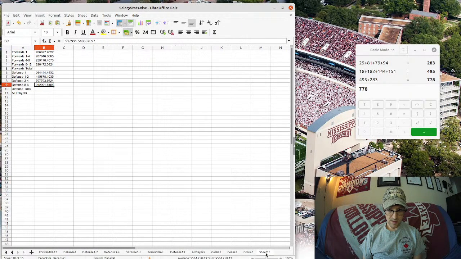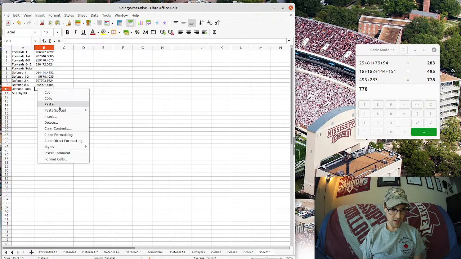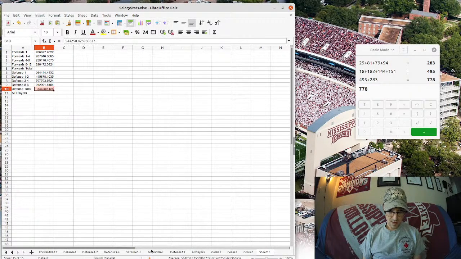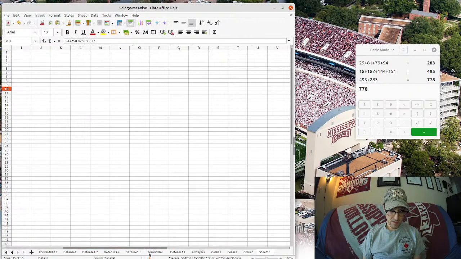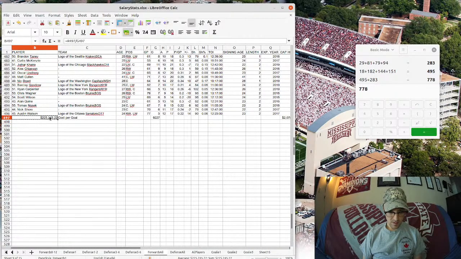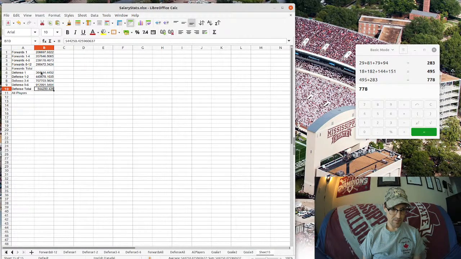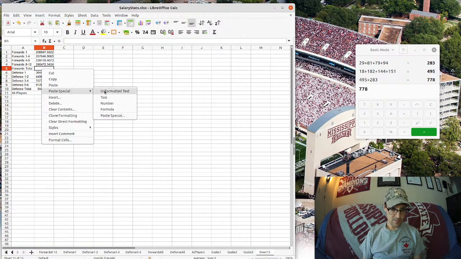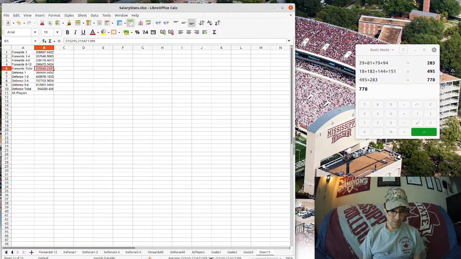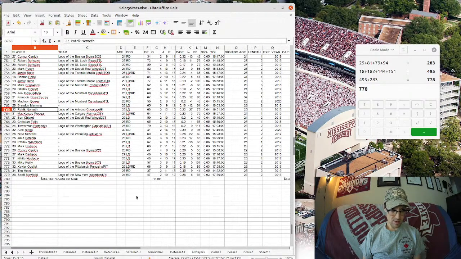All defense. All forwards. And all players.